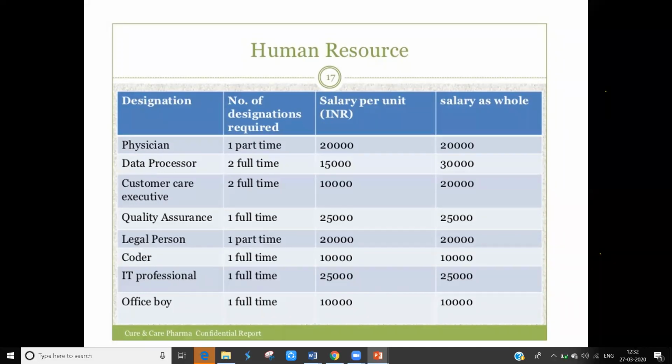The legal person also should be there, could be part time. Again, as I told, if some drug is given and some reaction occurs, there will not be much legal implication here if the drug is given correctly. But patients can unnecessarily put all these issues on the healthcare professionals.